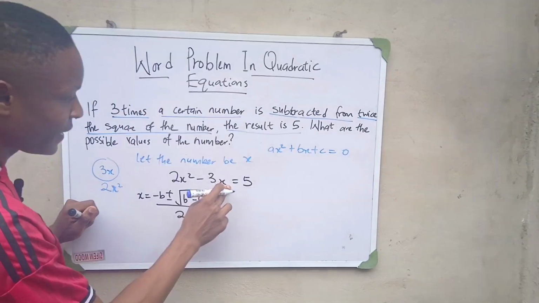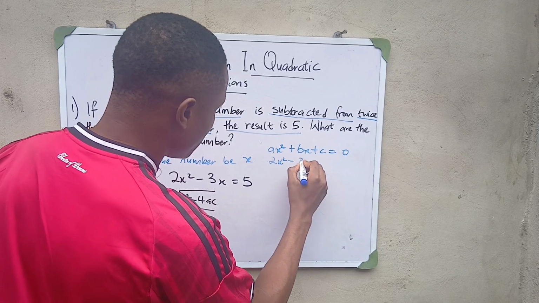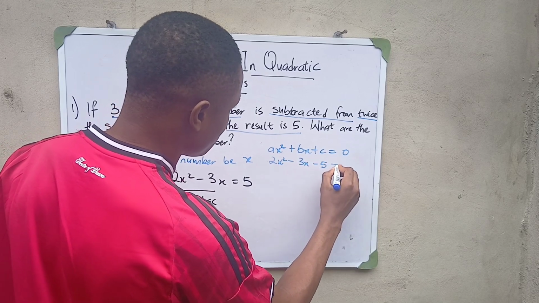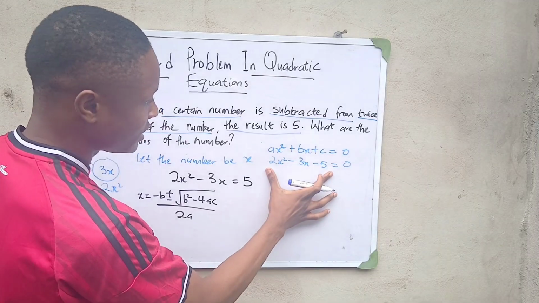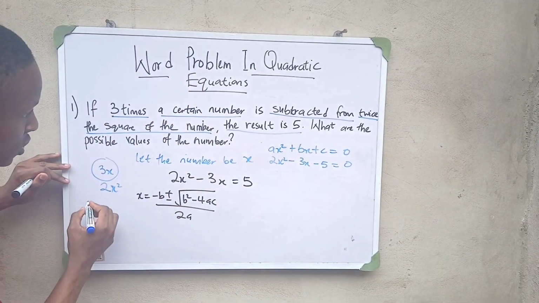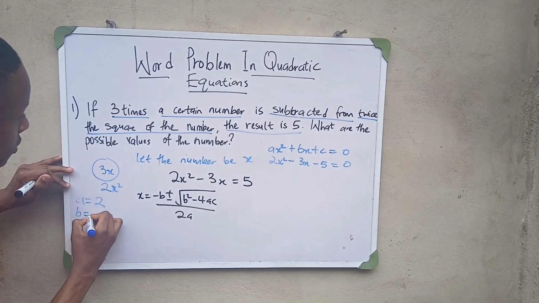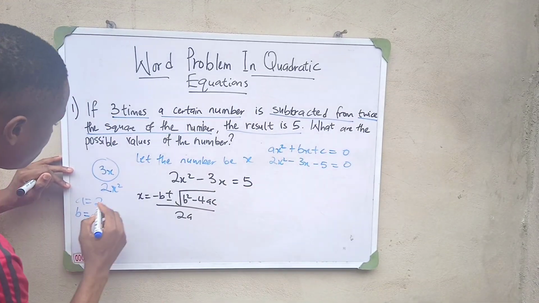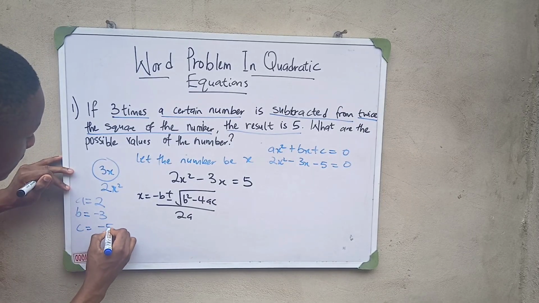We can move this 5 here, making it 2x squared minus 3x minus 5 equal to 0. Now it is properly arranged, in the general form. Now we can compare them. So our a is equal to 2, b is equal to minus 3, and c is equal to minus 5.